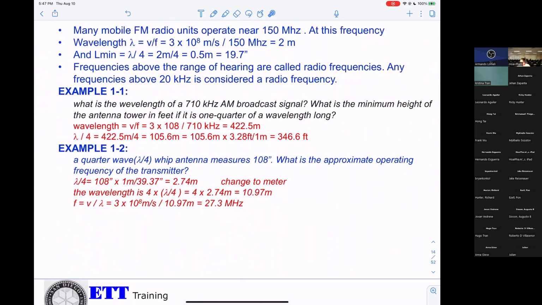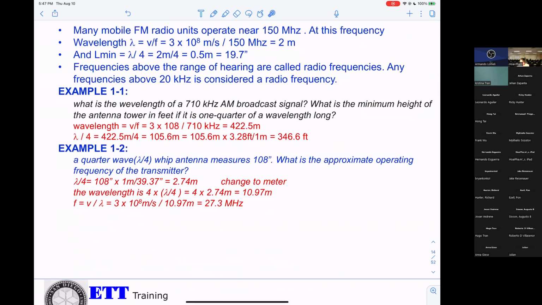Many mobile FM radio units operate near 150 megahertz. At this frequency, the wavelength calculation equals 2 meters, and the antenna length, the wavelength lambda divided by 4, gives you 19.7 inches.